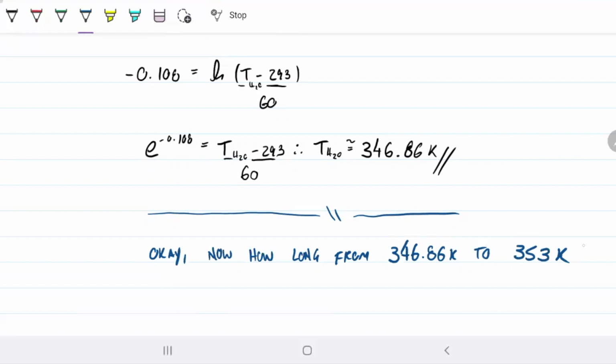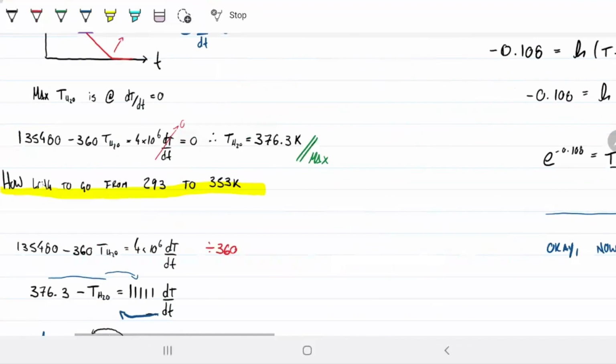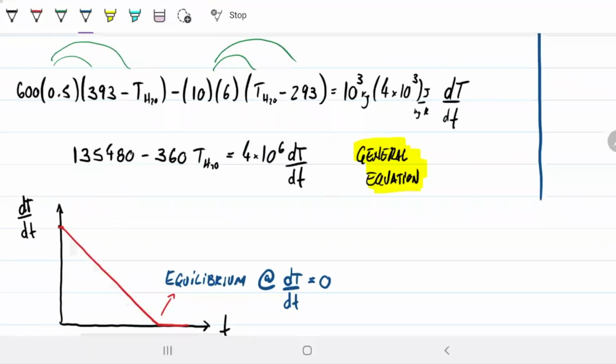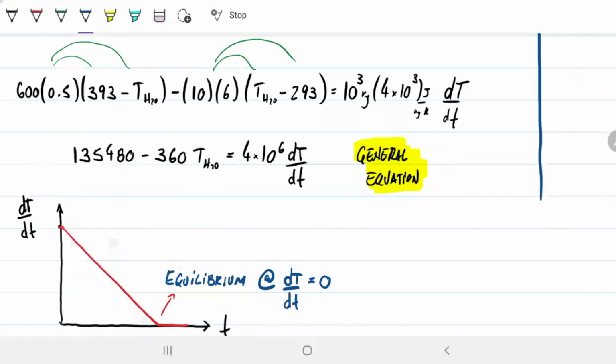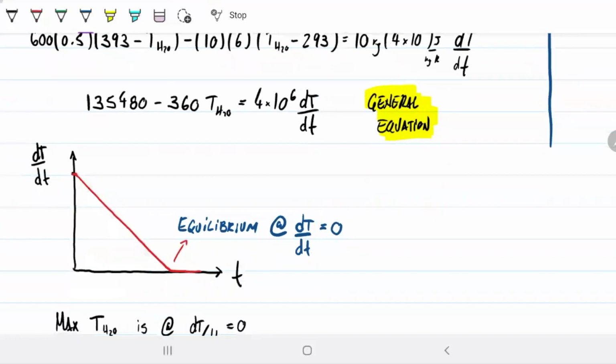How long will it take to go back to the 353? Well, if we're turning on the steam again, then we go back to this general equation here. So what we need to do is plug this guy, and then we integrate the dT for temperature from 346 to 353, and we integrate our time from 0 to t and find what we're looking for.